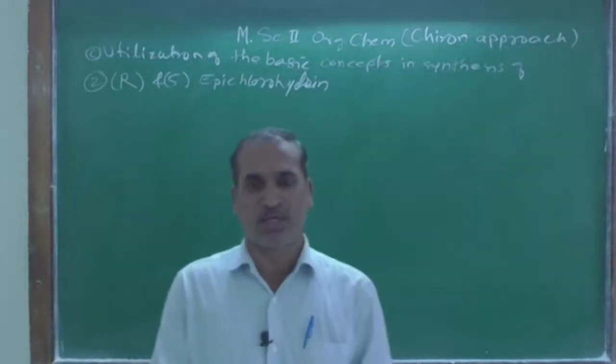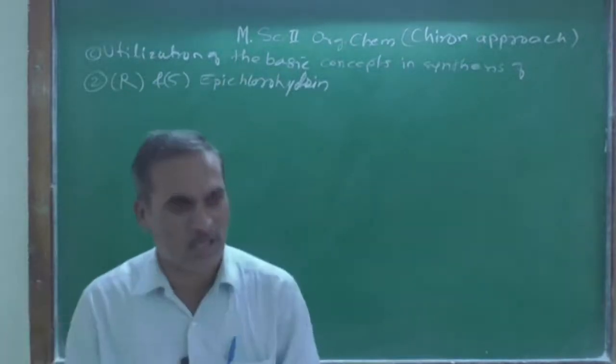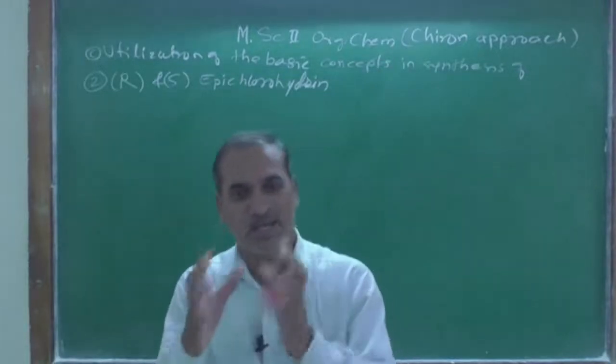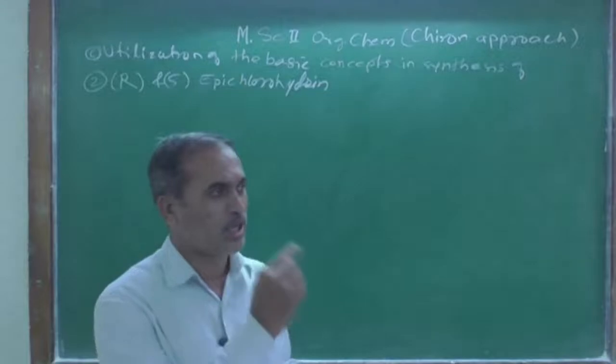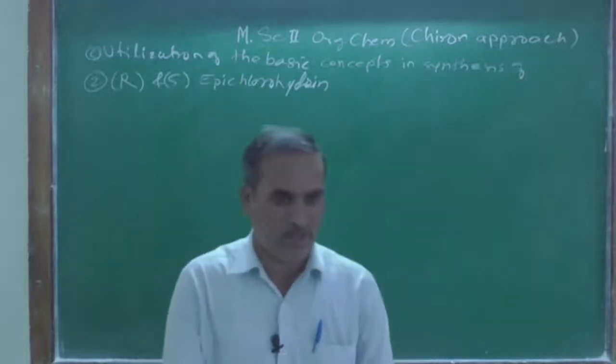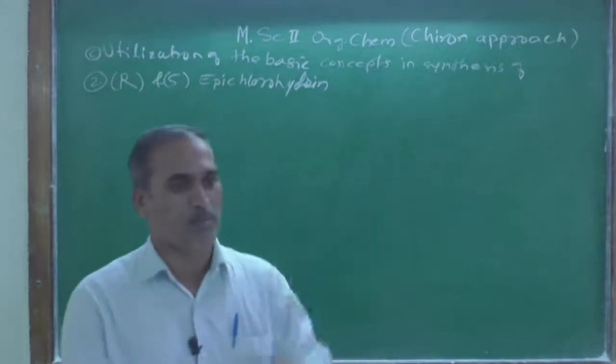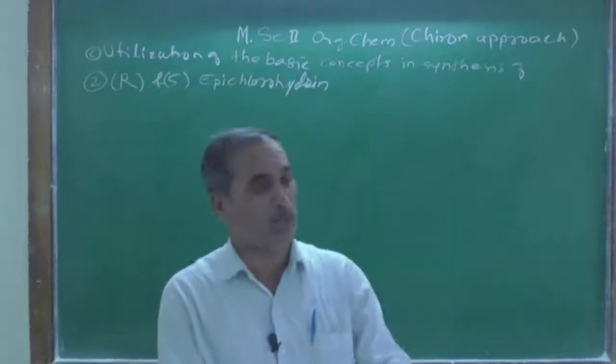As we know, there are 6 target molecules that we are going to learn by applying the retrosynthetic strategy with respect to the Chiron approach or the Chiron perspective.